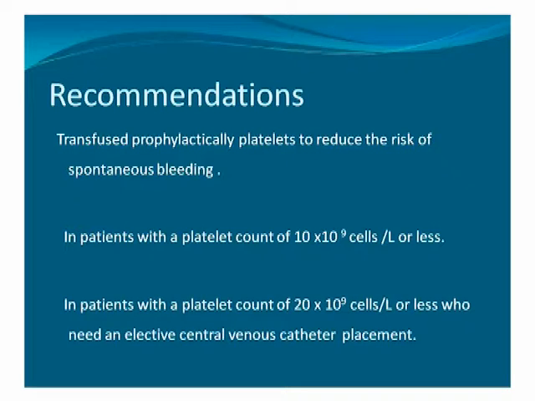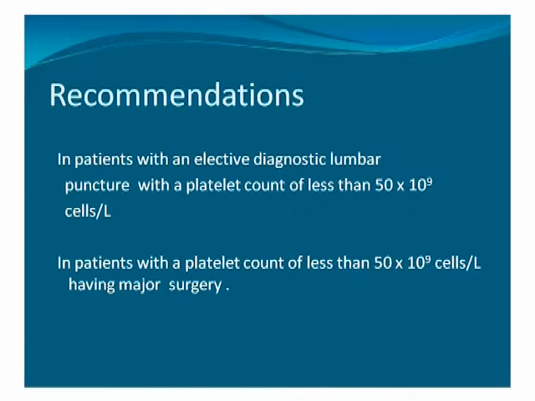I can say when a patient is receiving treatment for leukemia or a patient with aplastic anemia, prophylactically we will have to give them platelets. We will also give platelets to a patient that will require an elective central venous catheter intervention, and the platelet count is less than 20,000.